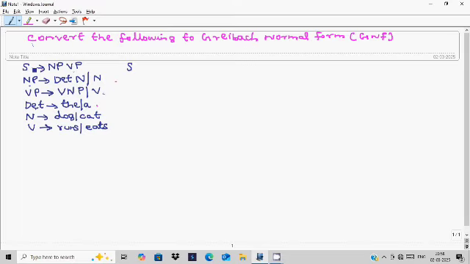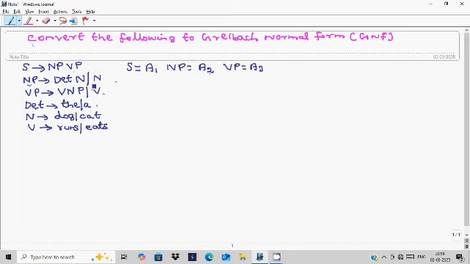So first, starting from the starting symbol, S is called as a first non-terminal. We name it as A1. The second is actually NP, so NP is actually named as A2, and the third one is called as VP, so VP is actually named as A3. Now coming to the next production, NP has been already named as A2, we will leave it.